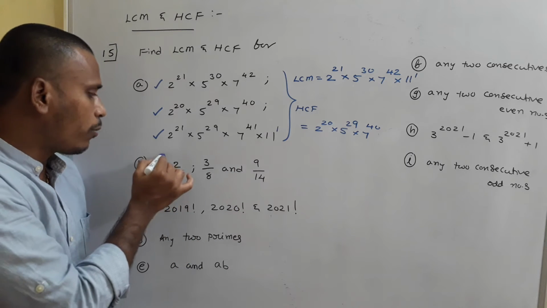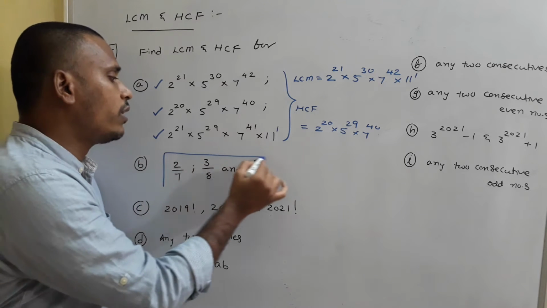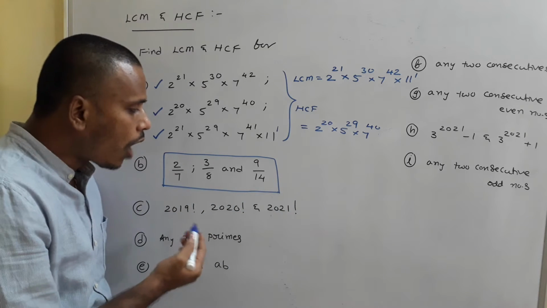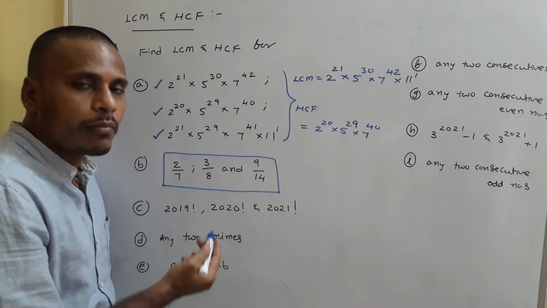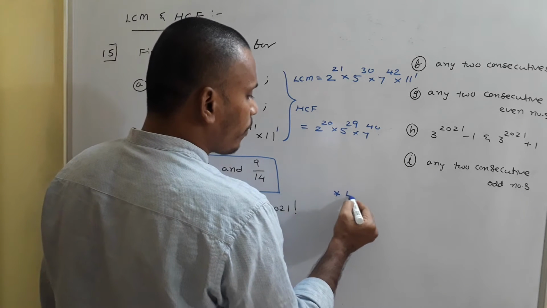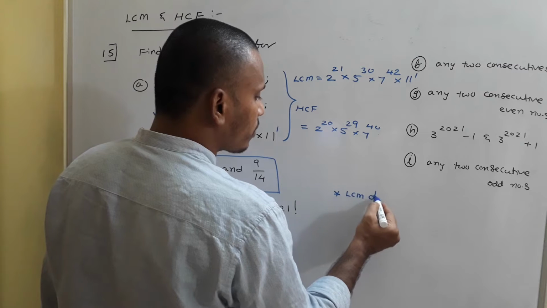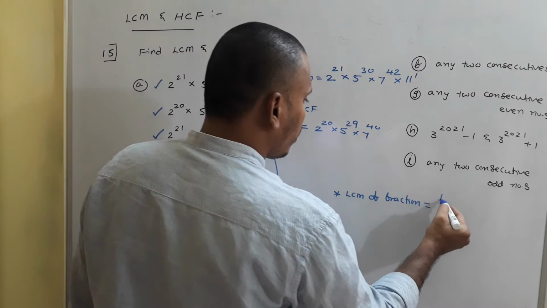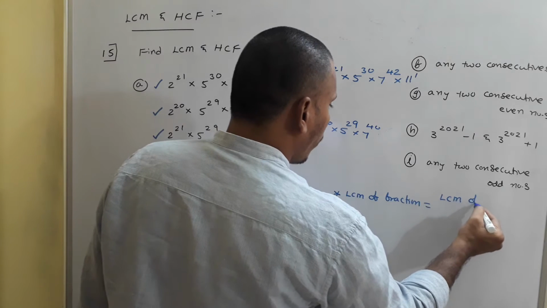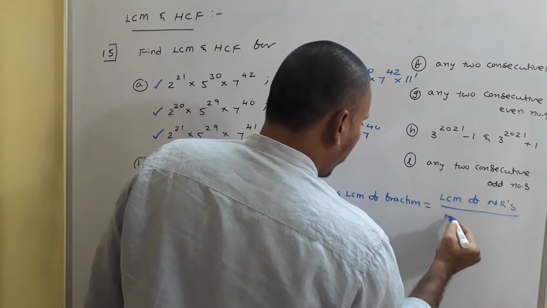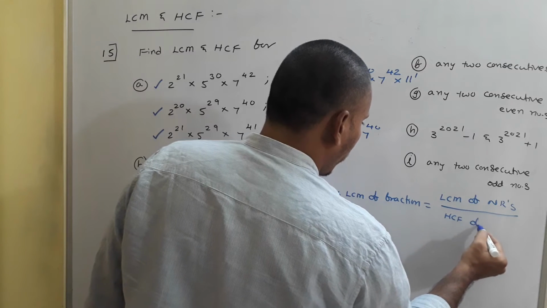Now think about fractions: 2 by 7, 3 by 8 and 9 by 14. How to find the LCM and HCF for fractions? We need to note two rules for this. LCM of fractions is equal to LCM of numerators divided by HCF of denominators.